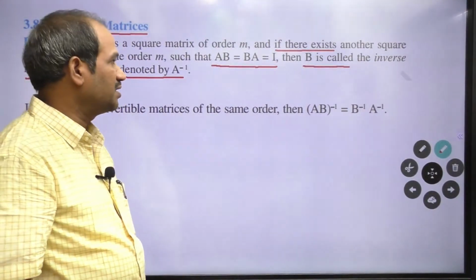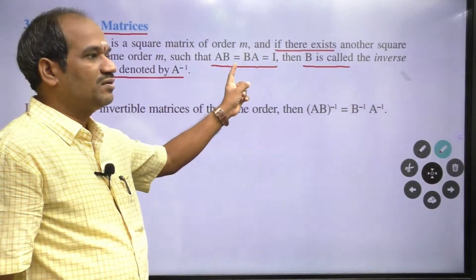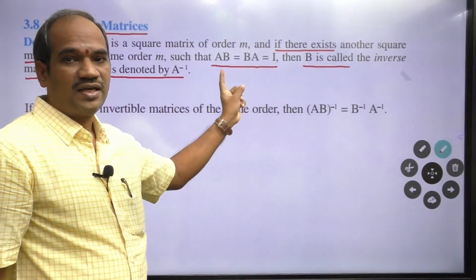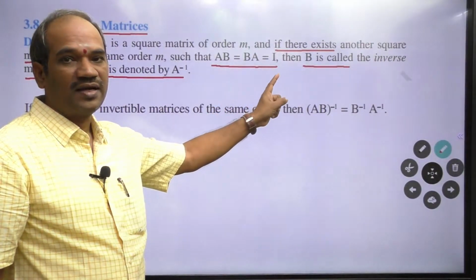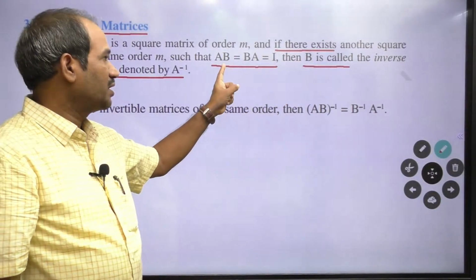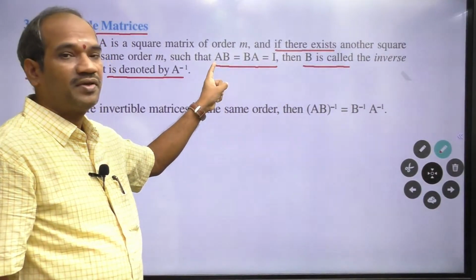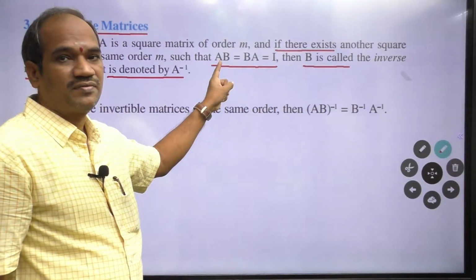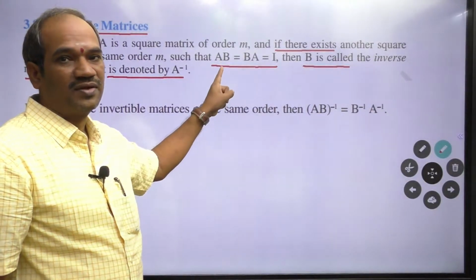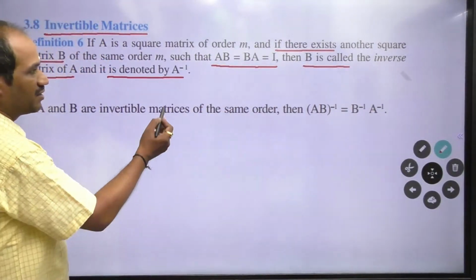In this condition, AB is equal to BA is equal to I, the identity matrix. So here B is called the inverse of A, and it is denoted by A inverse.